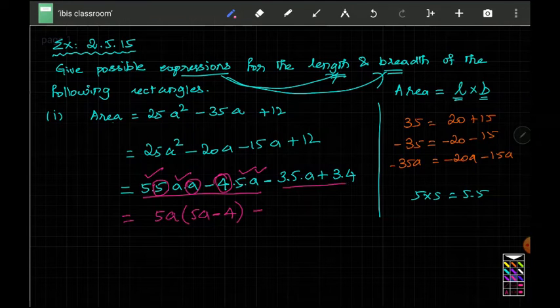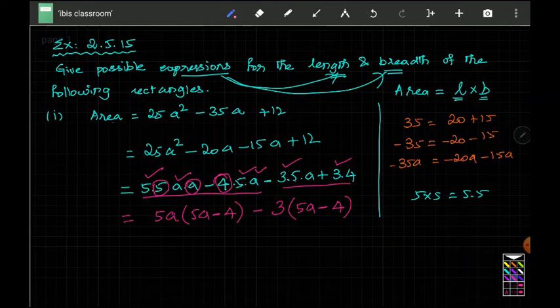The common thing here is this 3, common to both. If you take minus, then this plus becomes minus, only then minus into minus becomes plus. So if you take 3 common, the remaining here is 5a, then this plus becomes minus, and then 4.